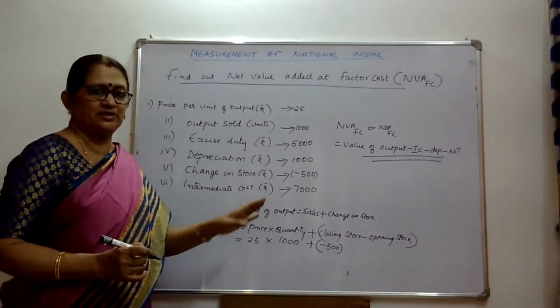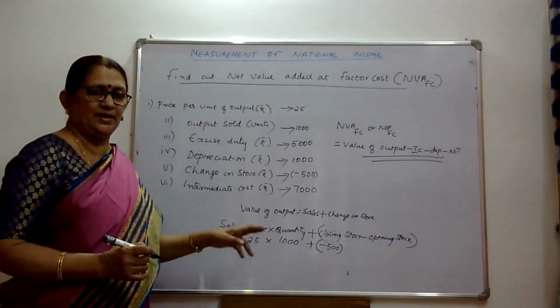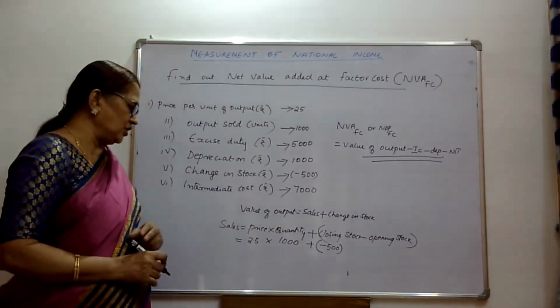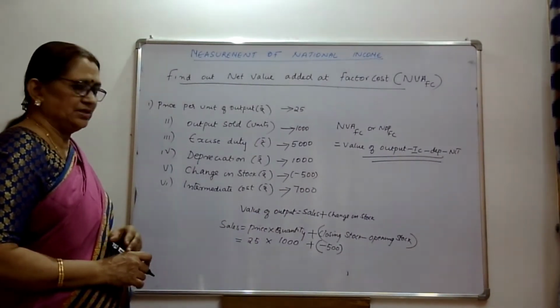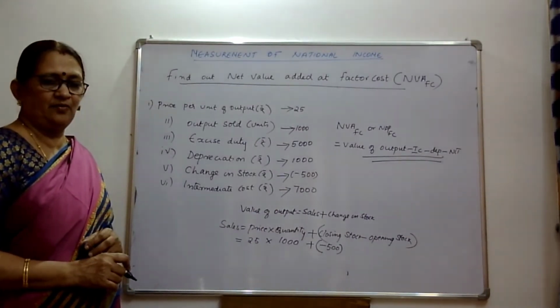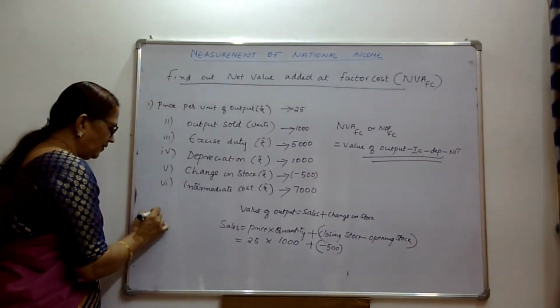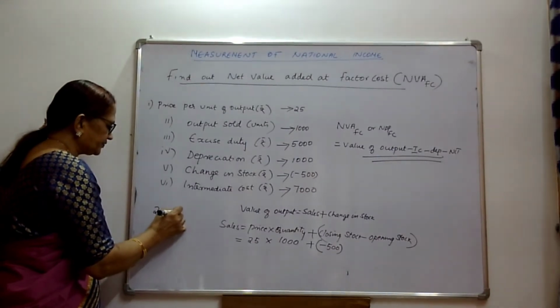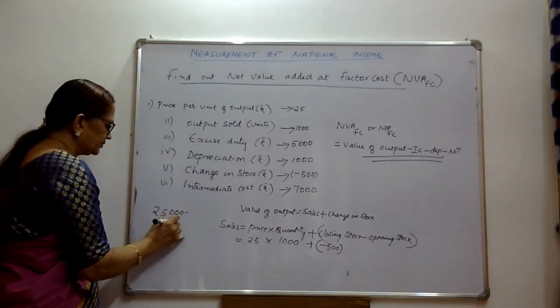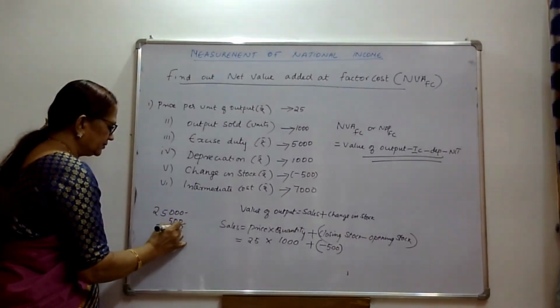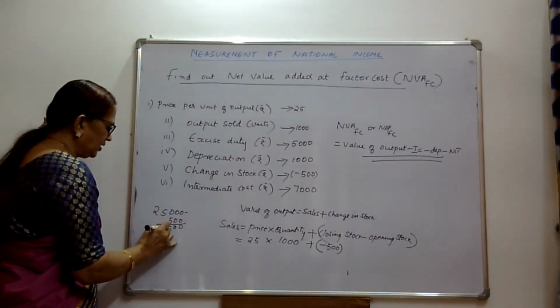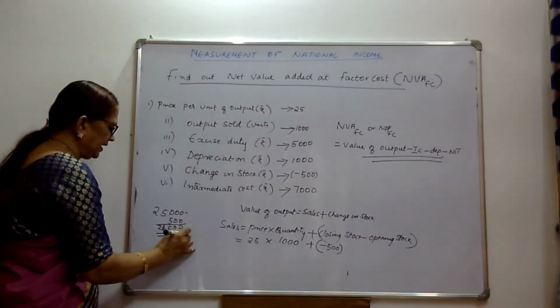Sales plus change in stock, P into Q, price into quantity, plus change in stock. So 25,000 minus 500. So what is the answer? 25,000 minus 500 is ₹24,500.